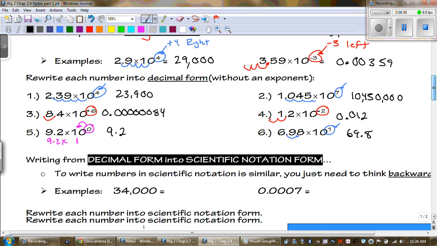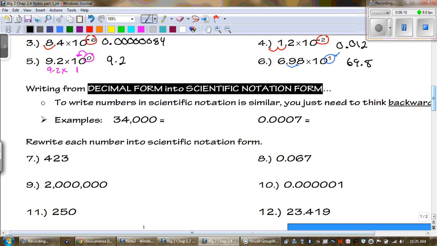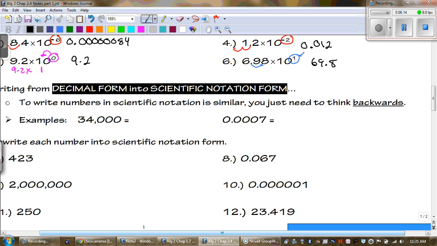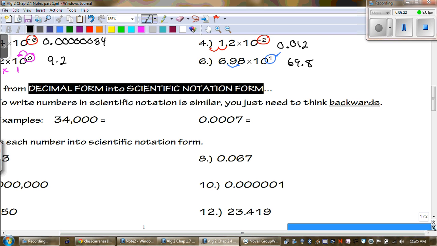All right, the next part. To write numbers in scientific notation is similar. You just need to think backwards, and by thinking backwards, this is what I would definitely write down.